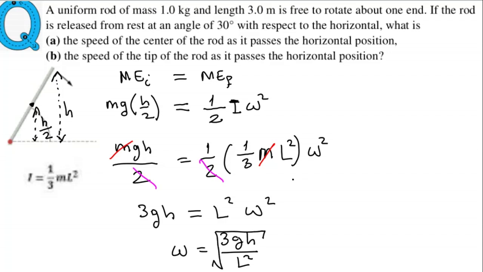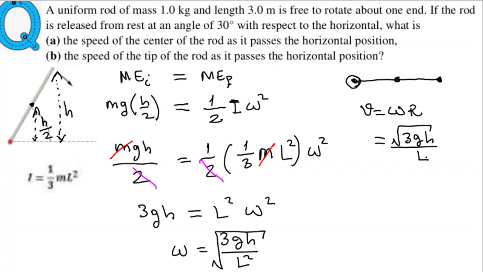That's omega. Part A says, what is the speed of the center of the rod as it passes the horizontal position? So the rod is here, and that's the length while it is passing the horizontal position. So there is the center and the tip. So v equals omega r, square root of 3gh over L multiplied by r.